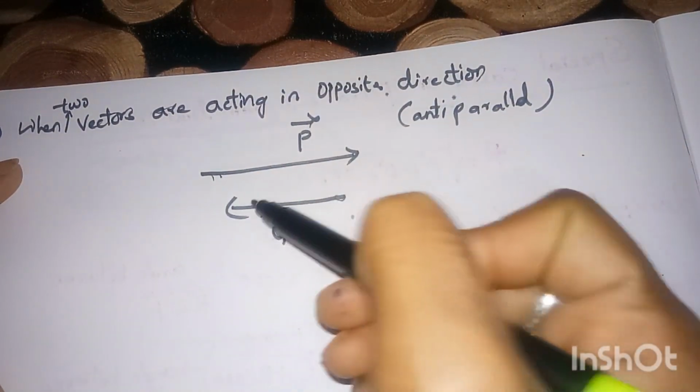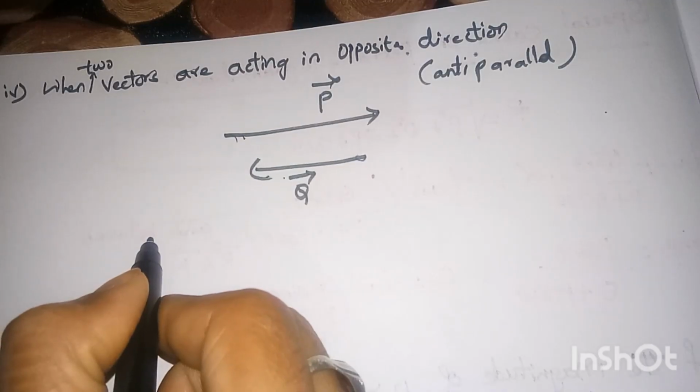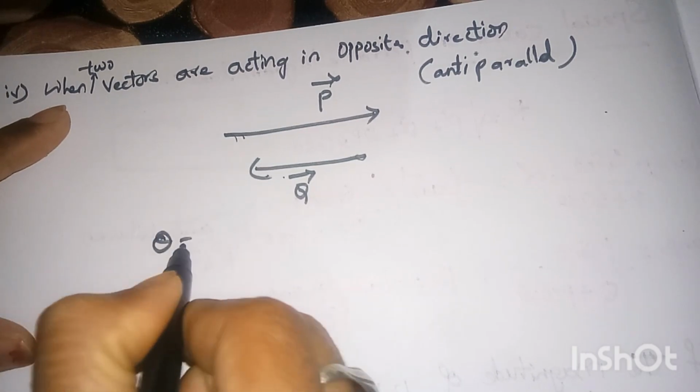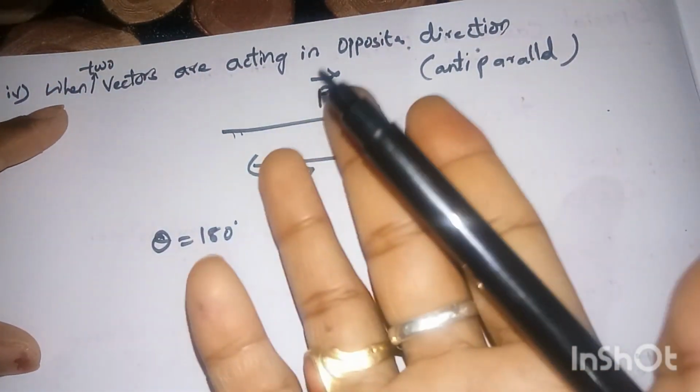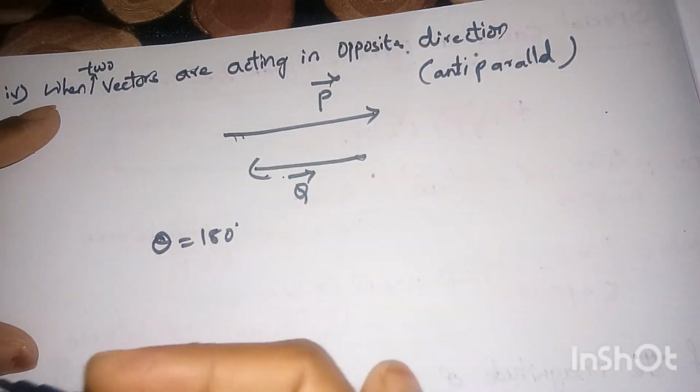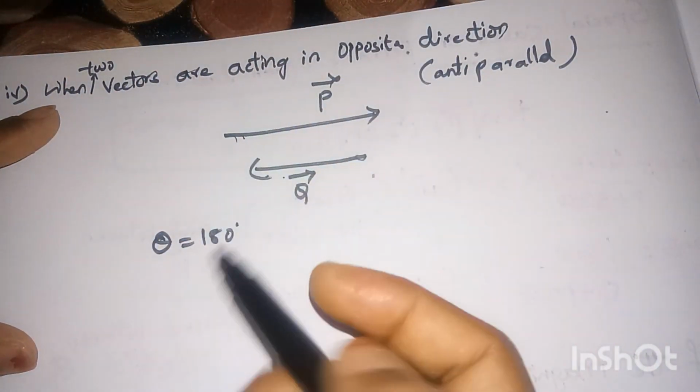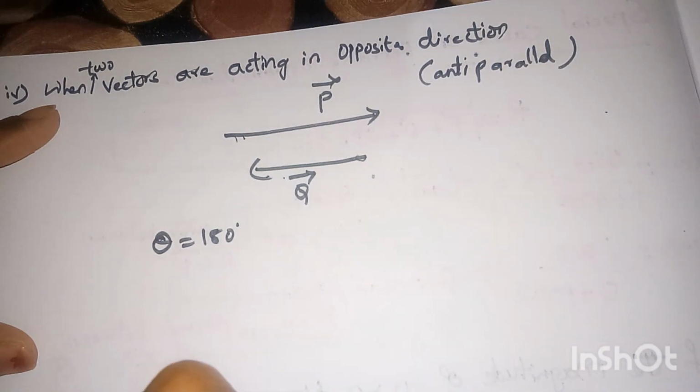So the directions are opposite to each other, and the angle between the two vectors is theta equals 180 degrees. I already said that as they are moving in the same direction, theta will be 0 degrees. As they are moving in opposite direction to each other, theta will become 180 degrees.